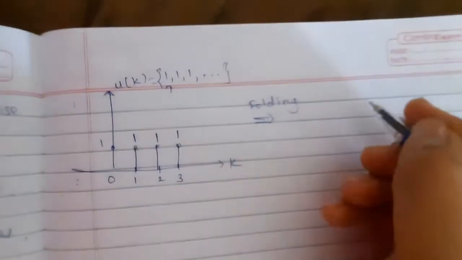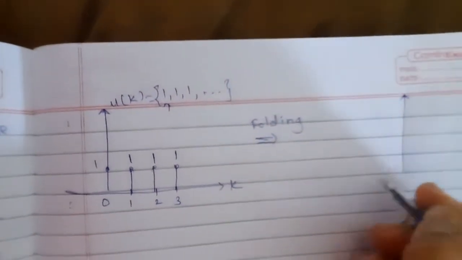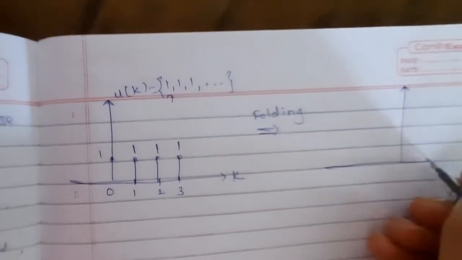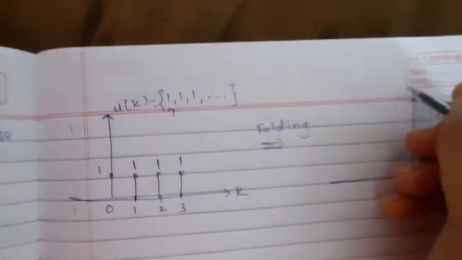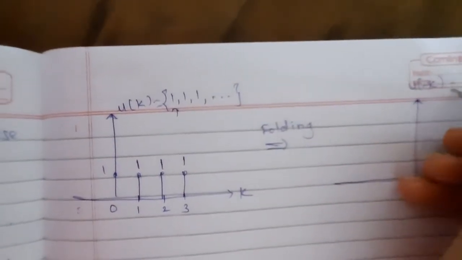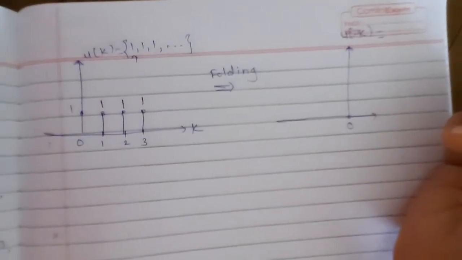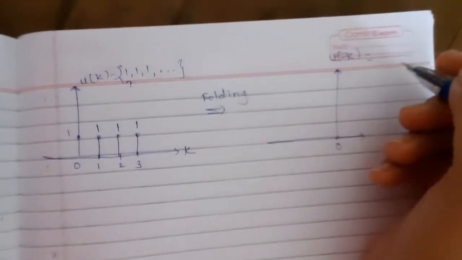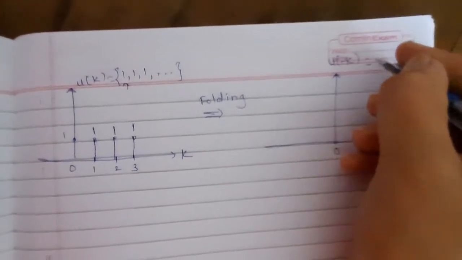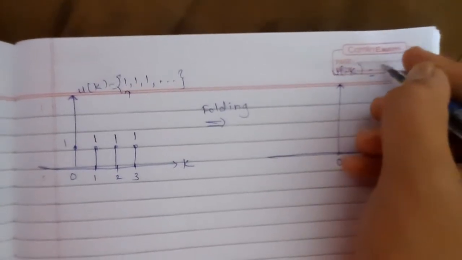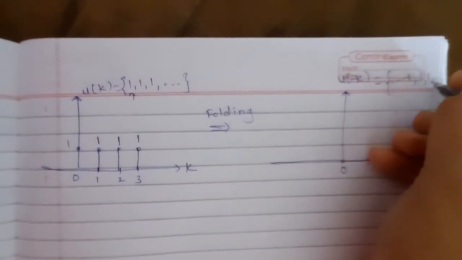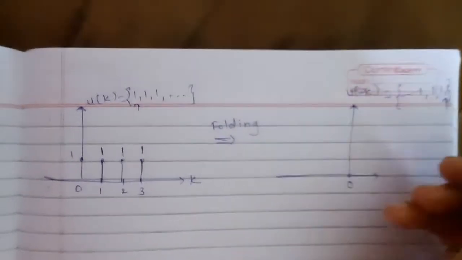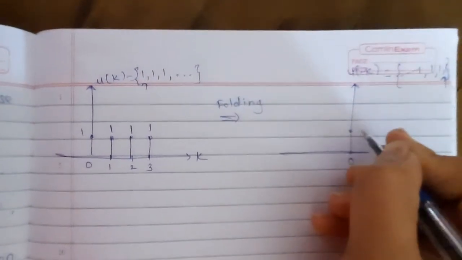Folding means reverse, so it is u of minus k with values 1 1 1 1.